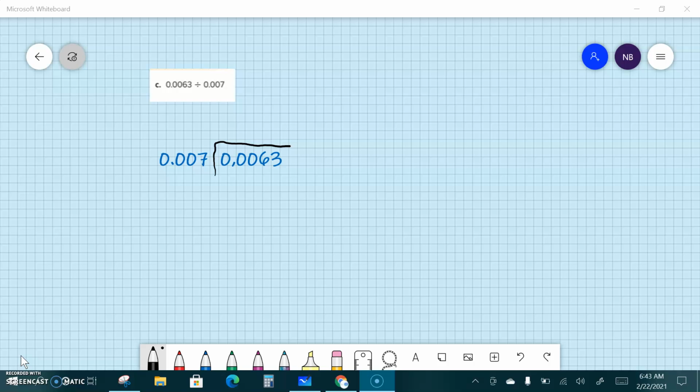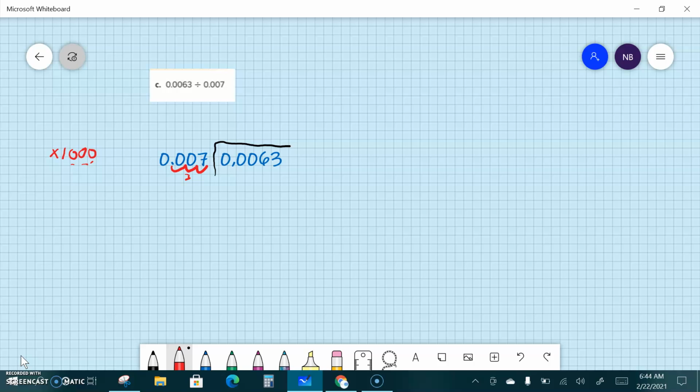If we move the decimal to the right on the outside, 1, 2, 3 spots, that would be the same as multiplying everything by 1,000. The reason I say 1,000 is because I have 3 spots for my zeros.